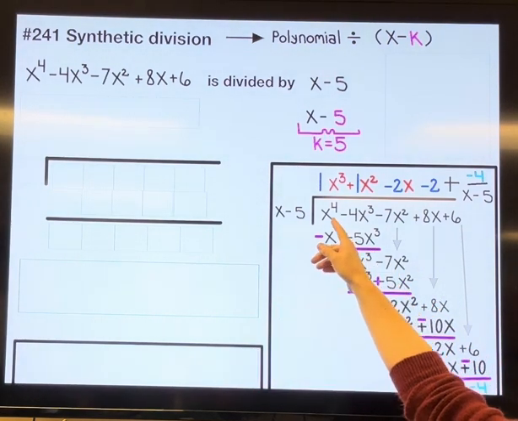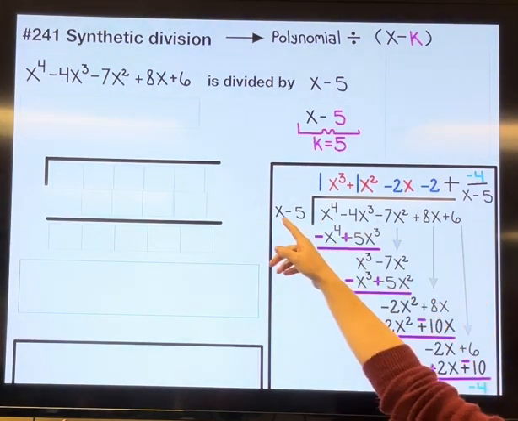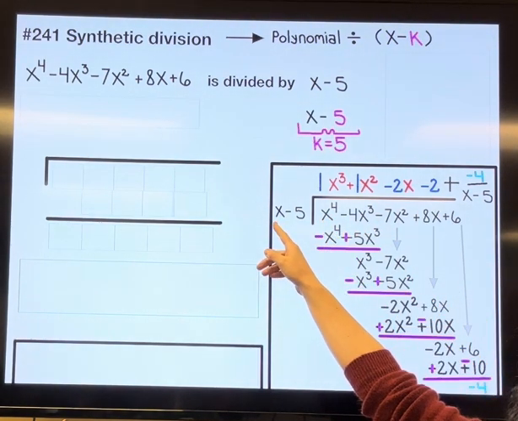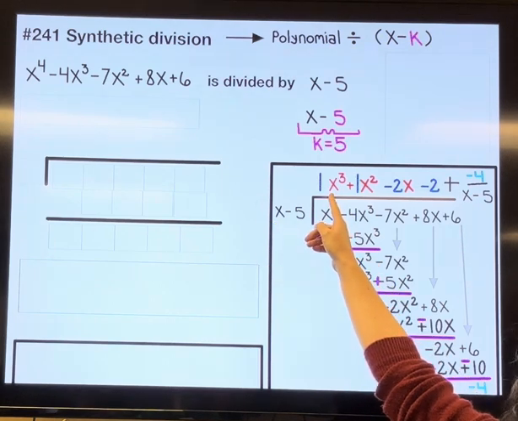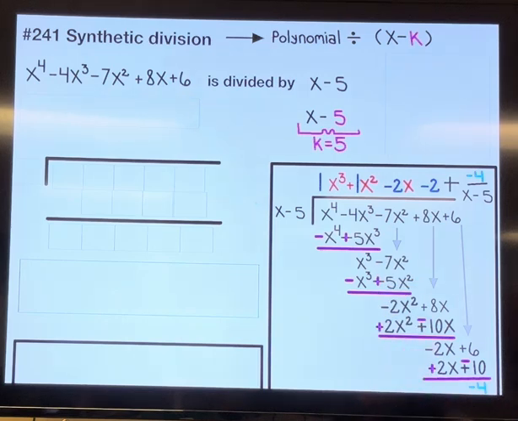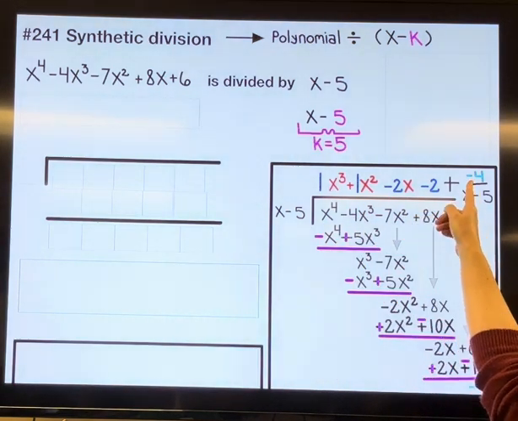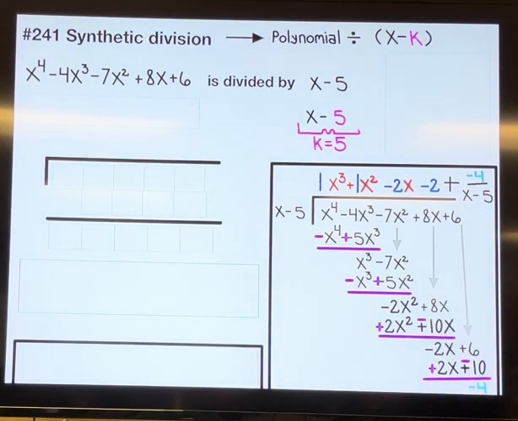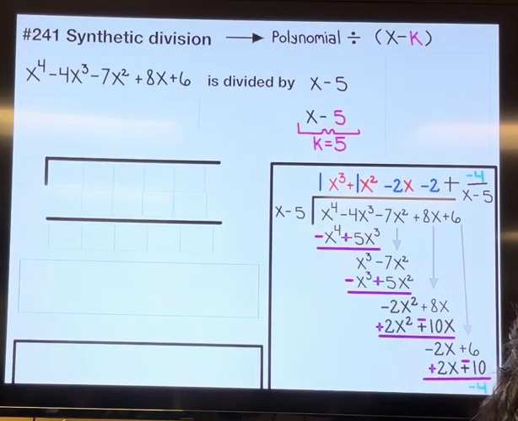If you were to divide an x to the 4th by x to the 1st, my answer is x to the 3rd. This shortcut is only going to give you these blue numbers here. It's going to give you the coefficients. So you have to realize that if you're dividing a 4th power by a 1st power, your answer is going to be to the 3rd power.